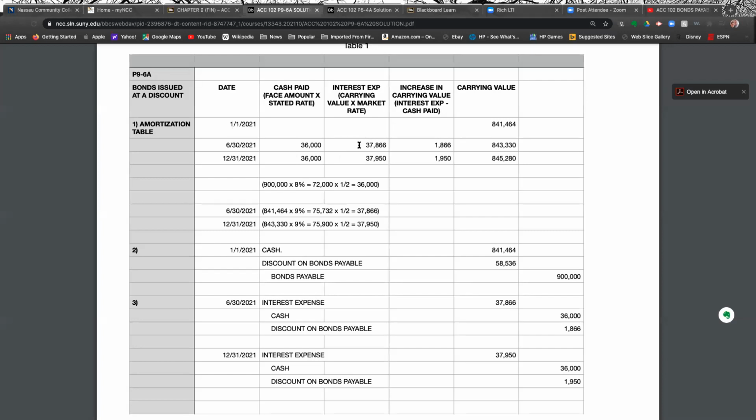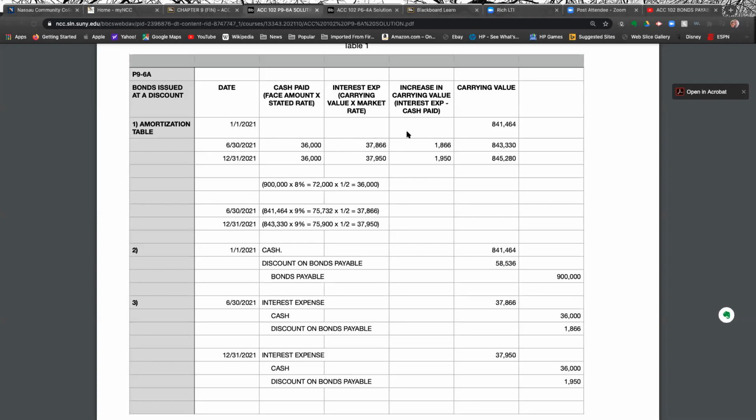This is the crazy number here, because it is based on carrying value times the market rate. Interest expense is the carrying value times the market rate. The carrying value to begin is $841,464, and the market rate is 9%. That gives you $75,732, times 1/2 is $37,866. So that's where that $37,866 comes from.